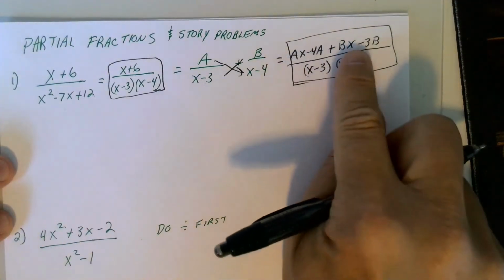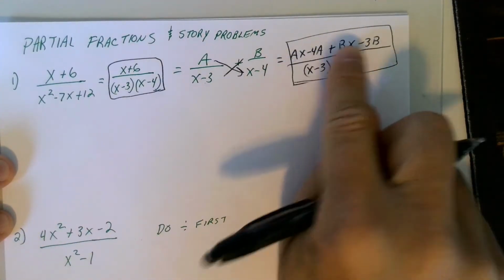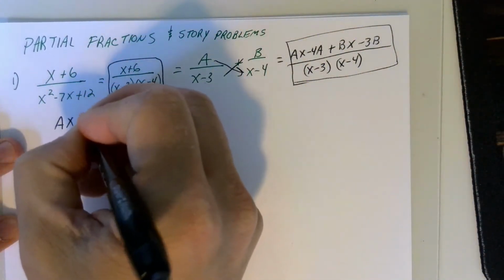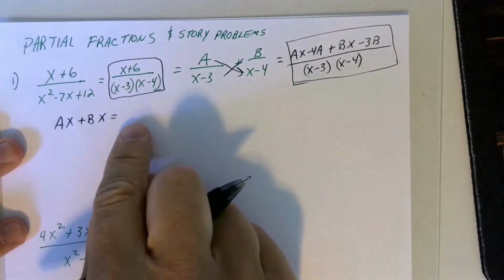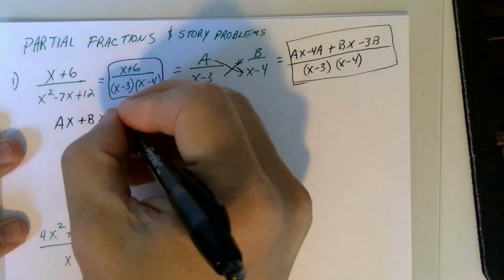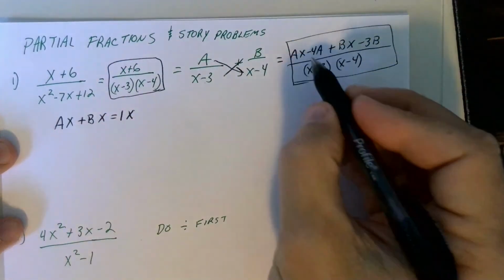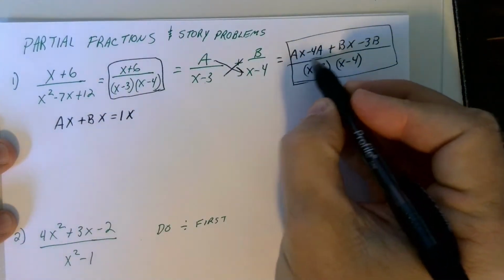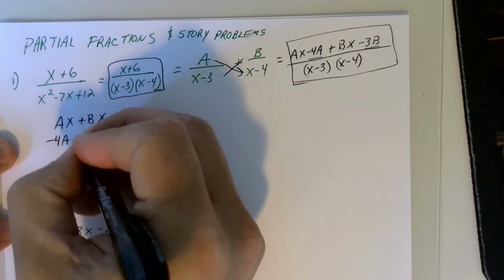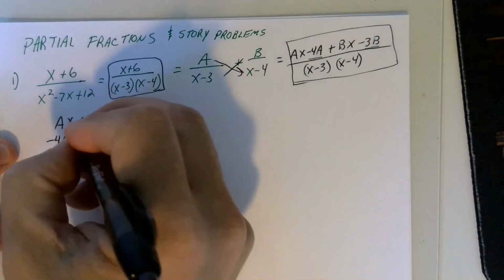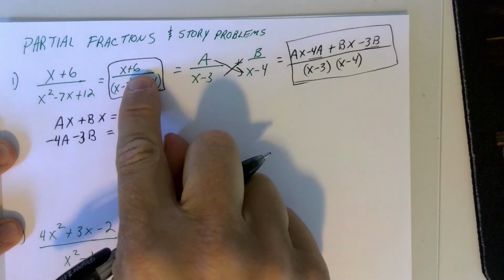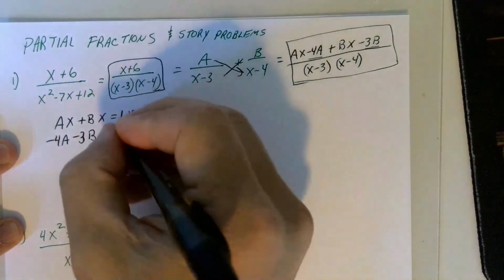So I should be able to write the linear parts up here, the ax plus bx, which must equal whatever the x term is over here. So that's 1x. And then the nonlinear terms, the stuff that doesn't have x's with it, negative 4a minus 3b, must equal the nonlinear term right here, and that's 6.